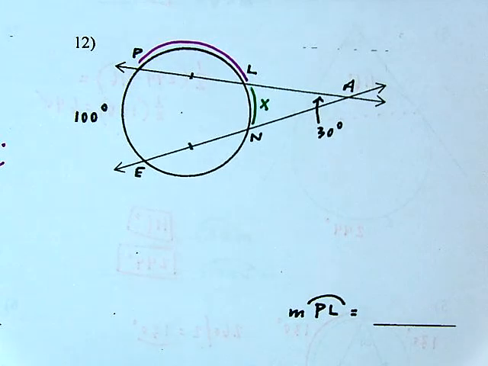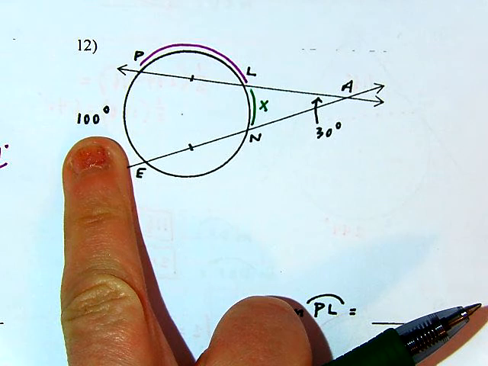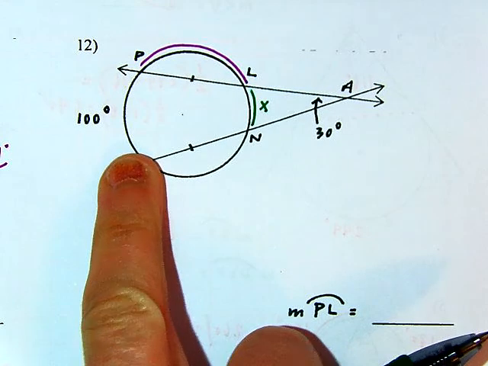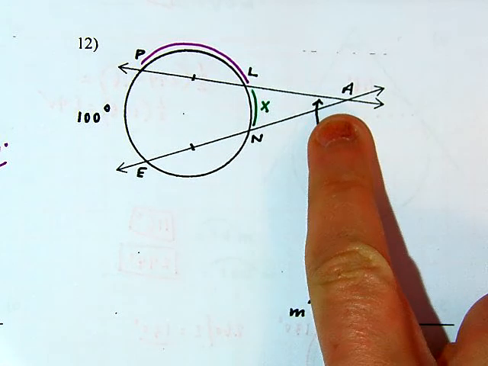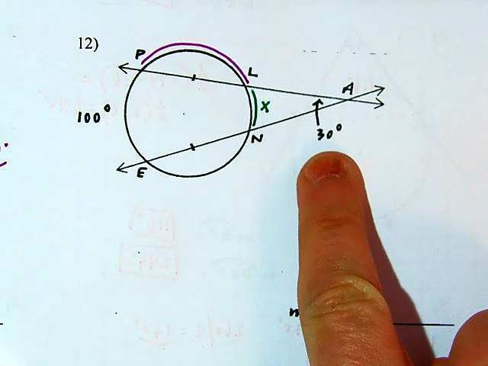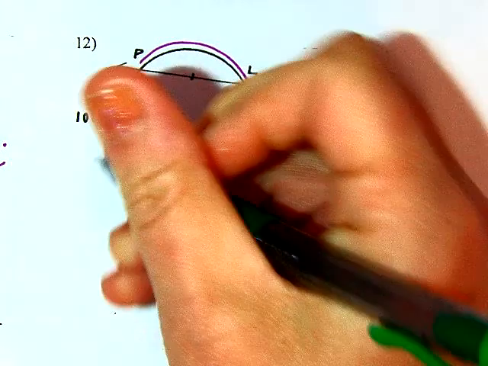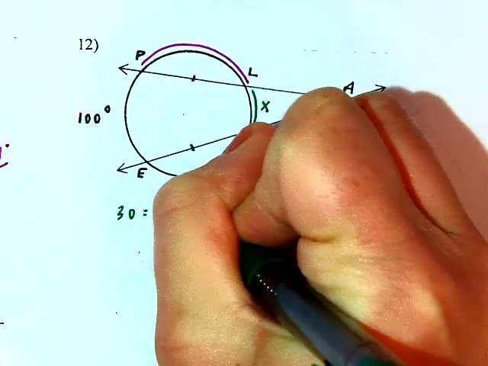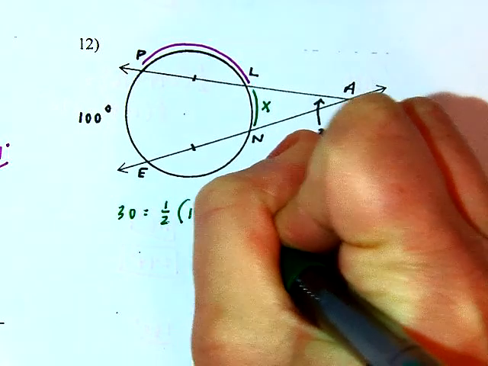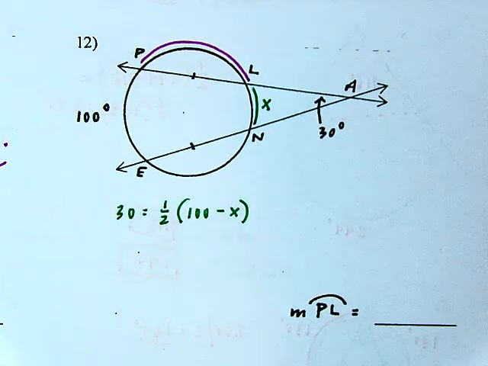So I can see with what's labeled, I have 100 degrees. That is the larger of the two arcs. Here's the smaller one that I need first. And then the angle with the vertex outside is 30 degrees. So I should know that my angle of 30 is 1/2 the difference between 100 and x.